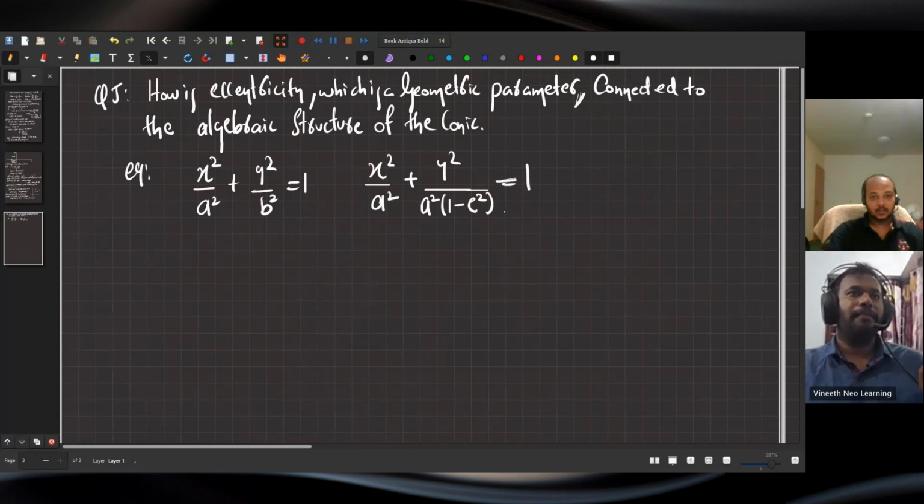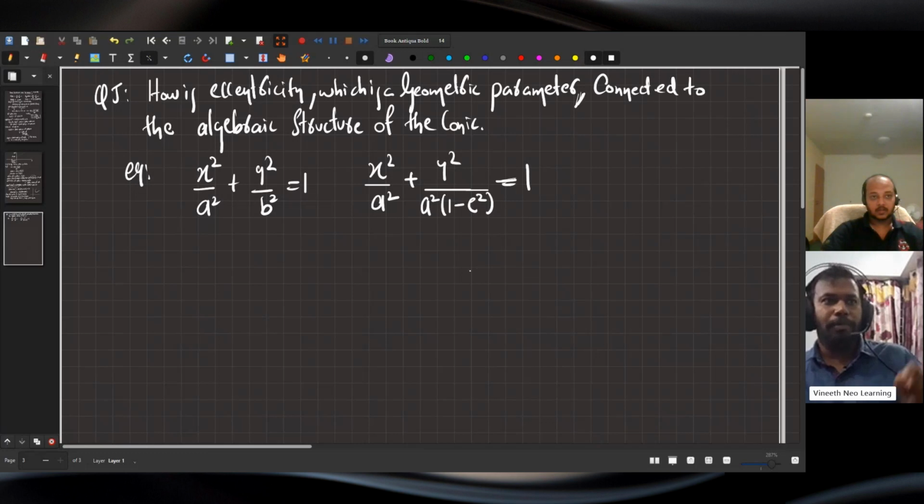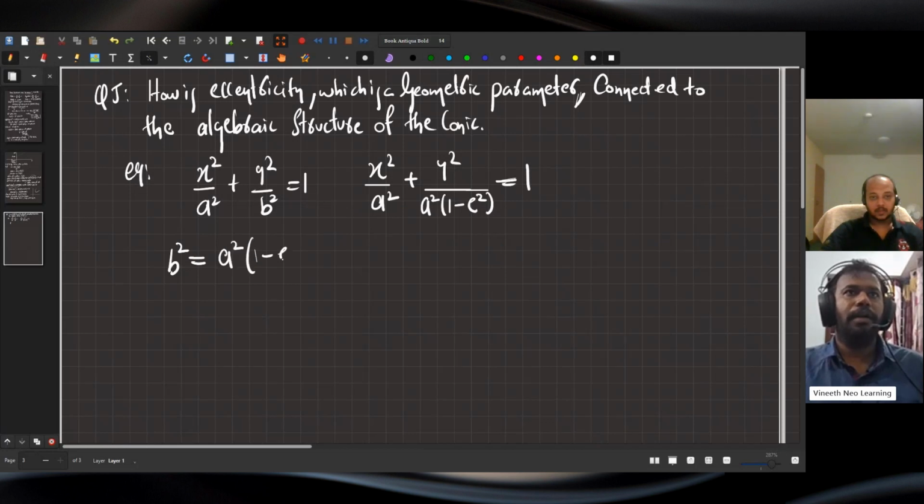There is a long derivation for this equation. That's a bit geometrical, so I'm not getting into that proof, but we can rewrite it in this form, meaning b squared can be written as a squared times (1 minus e squared).